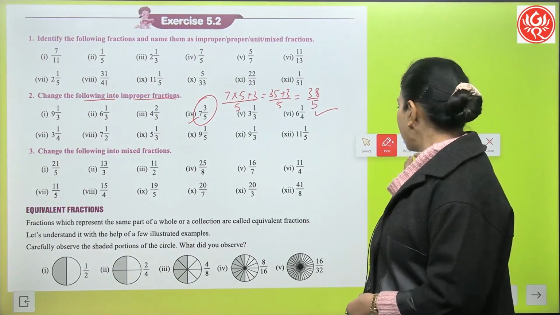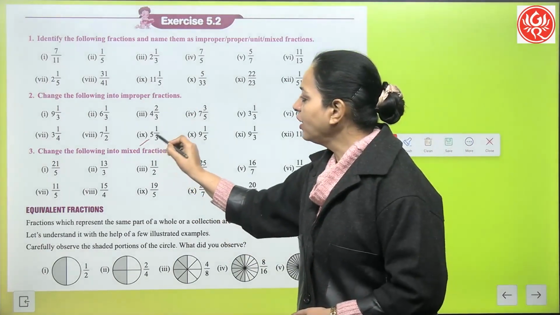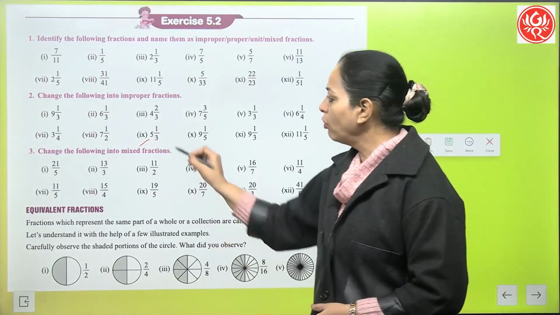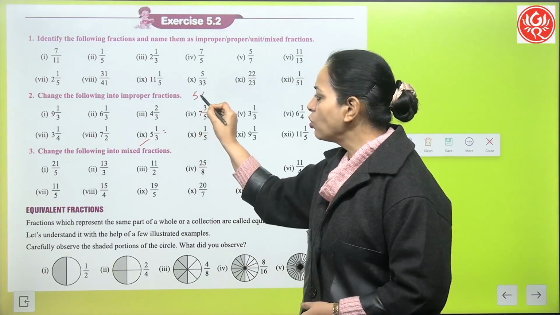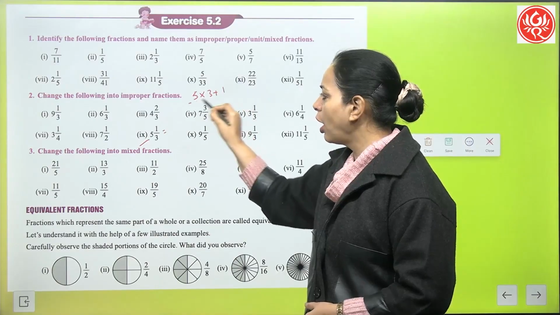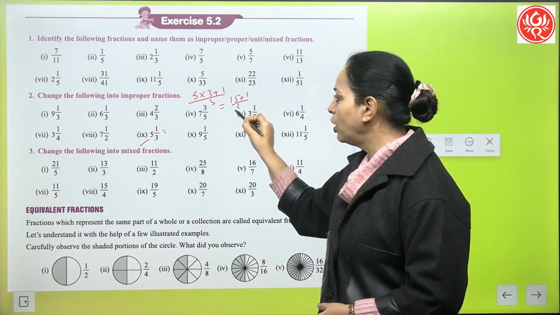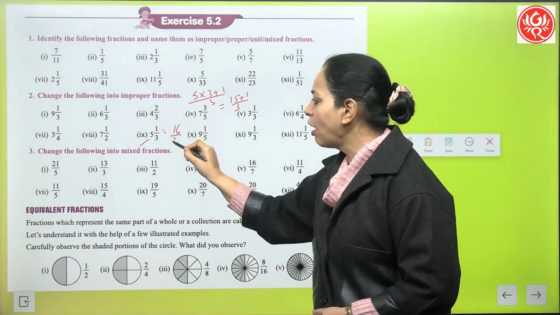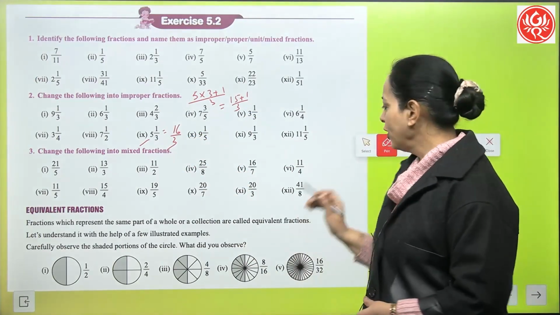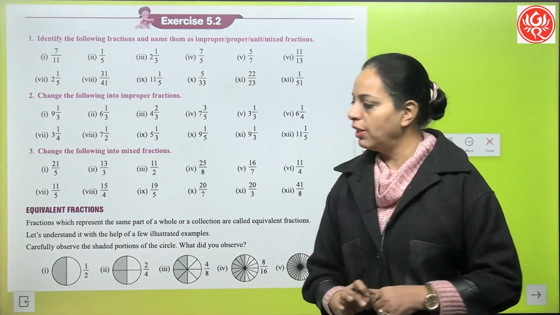Okay. ऐसे हम बाकी क्वेश्चंस करेंगे. Like 9th part 5 whole 1/3. So 5 into 3 plus 1/3 means 15 plus 1/3, that is 16/3. Right? So very easy. You can try remaining part.